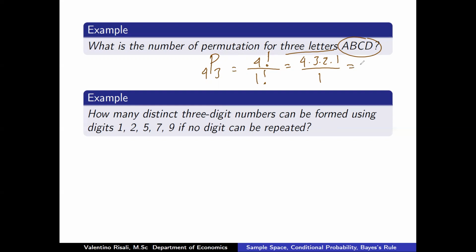And this is 24. So we have 24 arrangements of 3 letters taken from the 4 letters A, B, C, and D.